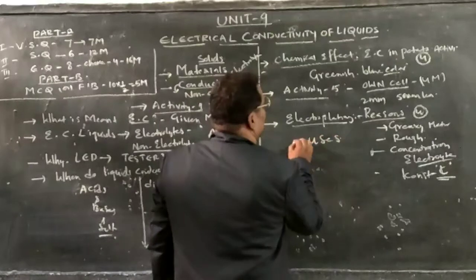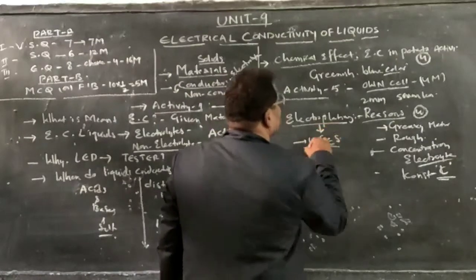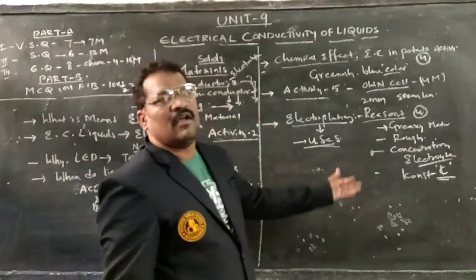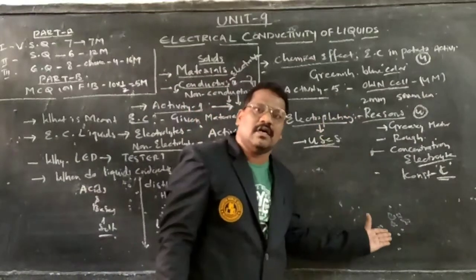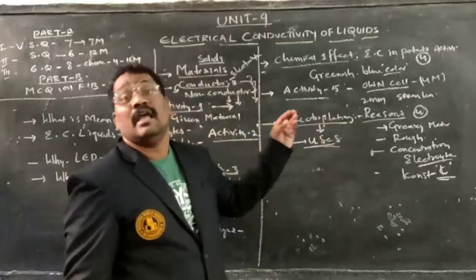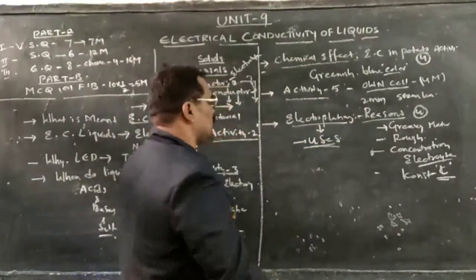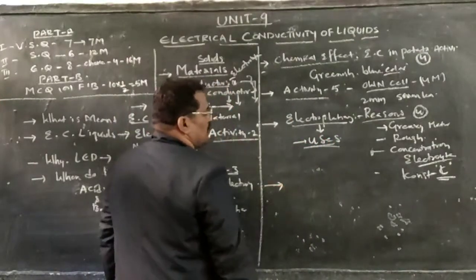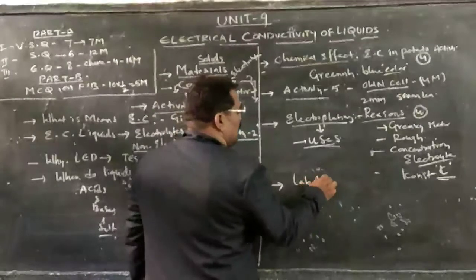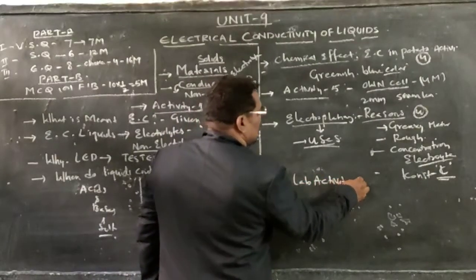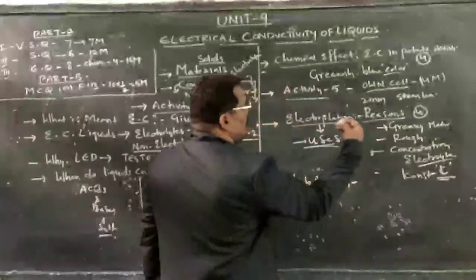Not only that, what are the uses of electroplating? We know all those uses were already explained in class. Kindly concentrate on that topic so that you can gain knowledge on electroplating. Last but not least, a lab activity is given. What information does the lab activity give?